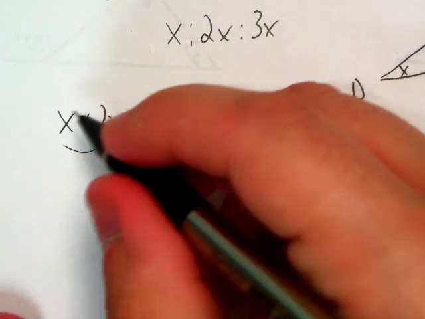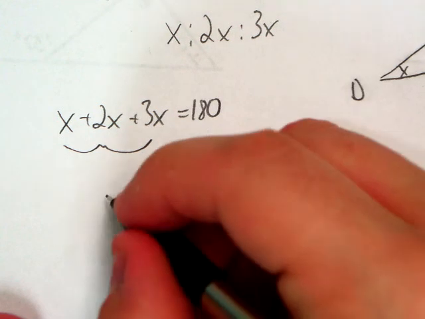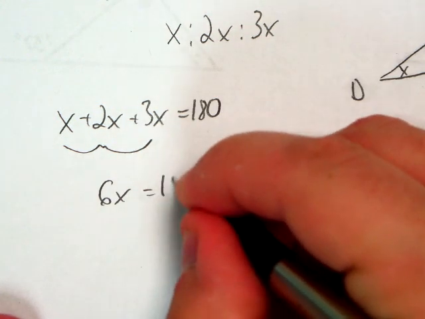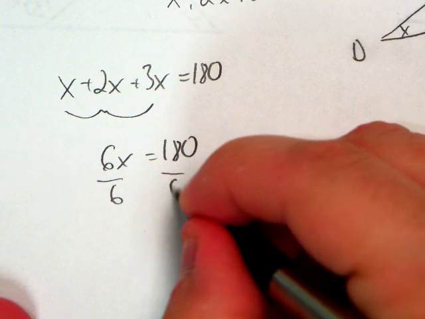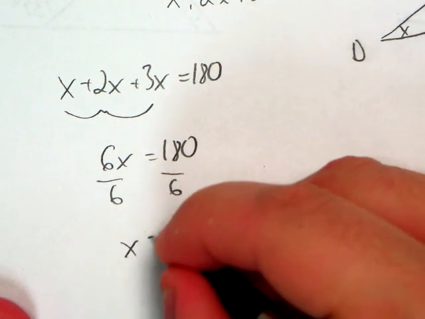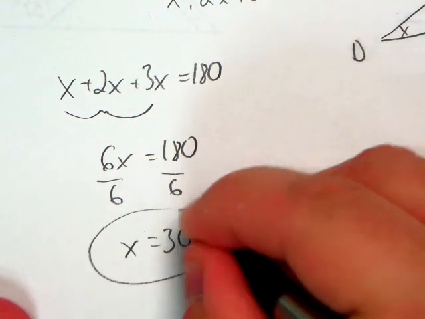Combining like terms here, X and 2X and 3X, we get 6X. Divide both sides by 6, and we get X equals 30 degrees.